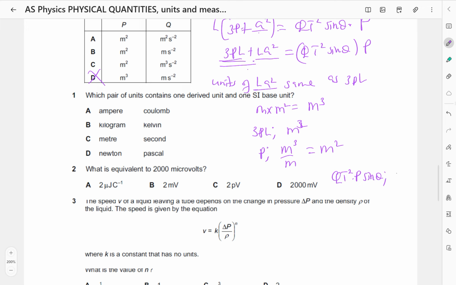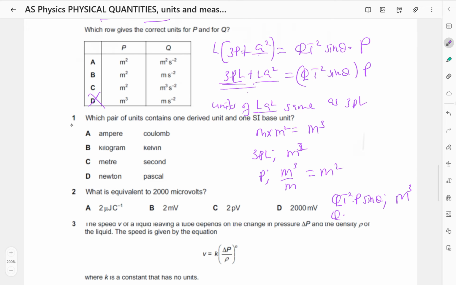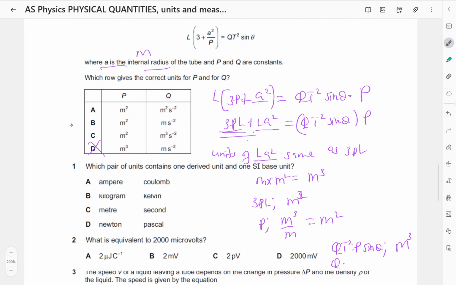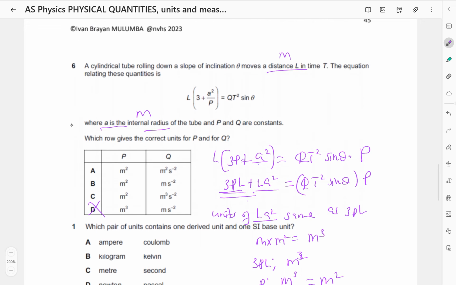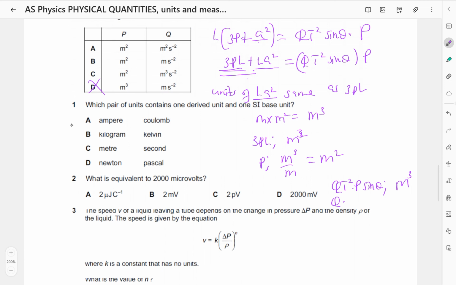These units are going to be meters cubed, but it is only for Q that we don't know. So Q times the units of T squared. T is time, so the units of T is seconds. P is meters squared. Sine theta has no units. This should be equal to meters cubed.